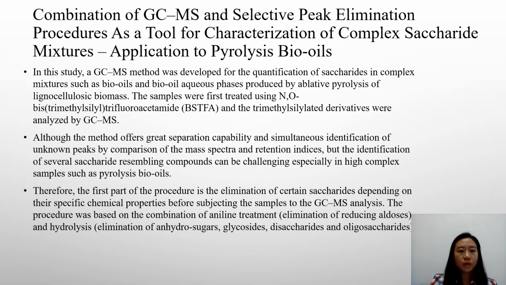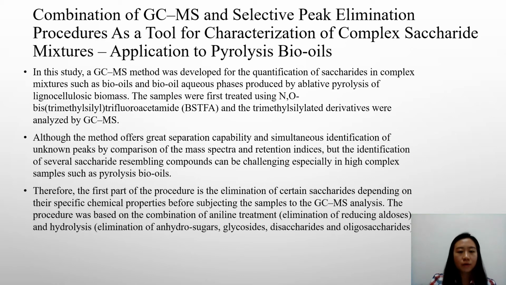The industry application is the application to pyrolysis bio-oils. In this study, a GC-MS method was developed for the quantification of saccharides in complex mixtures such as bio-oils and bio-oil aqueous phases produced by ablative pyrolysis of lignocellulosic biomass. The samples were first treated using N,O-bis(trimethylsilyl)trifluoroacetamide, and the trimethylsilylated derivatives were analyzed by GC-MS.